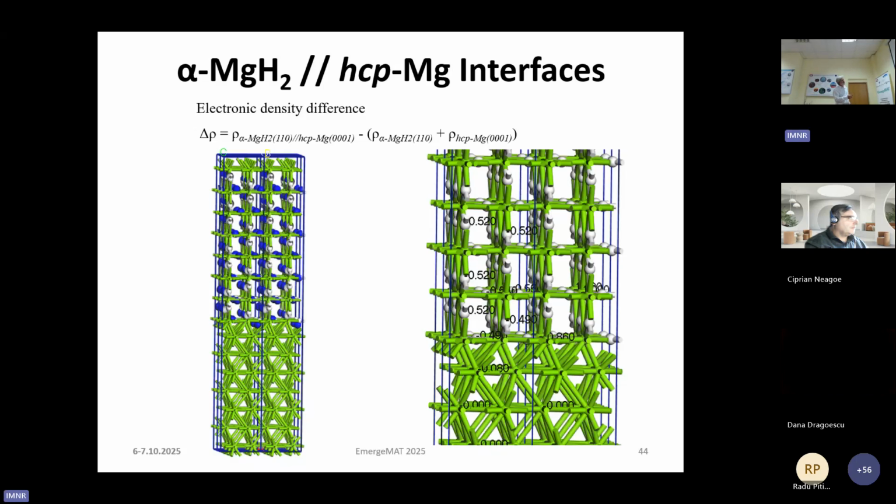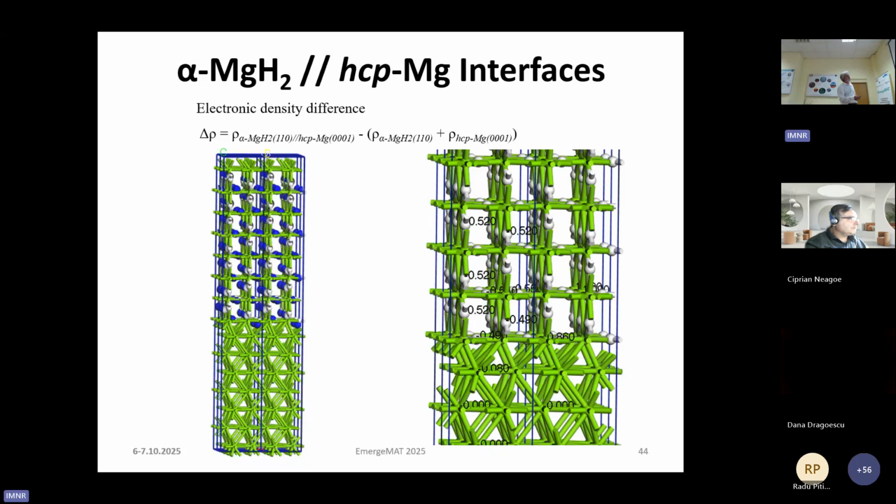And here, if we change, because these are ISO values, we take larger values of electronic density, we'll see that here in the magnesium area, they are almost continuous. These electrons are spread everywhere. So here they have metallic character, and here they have covalent character.